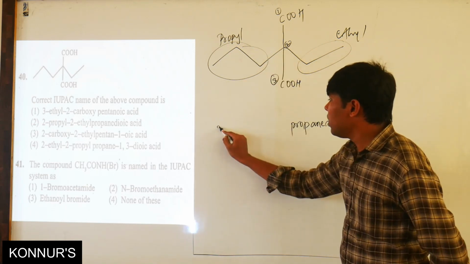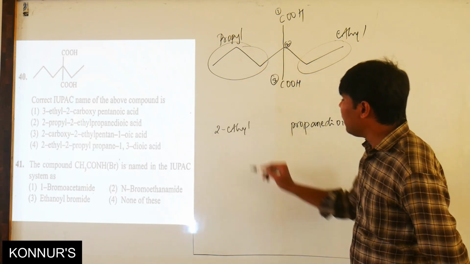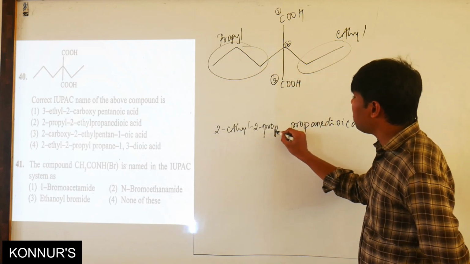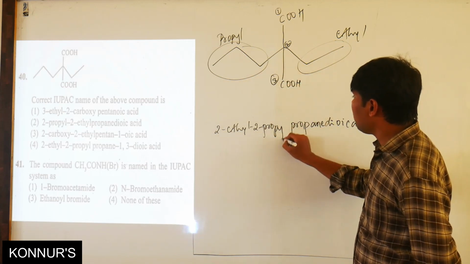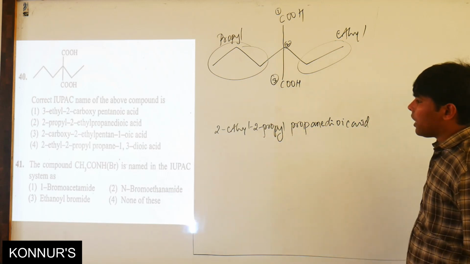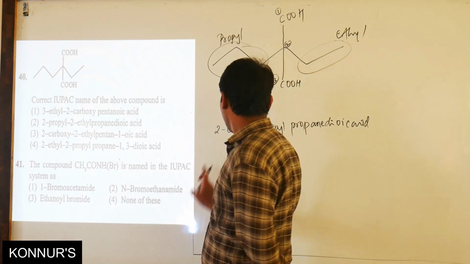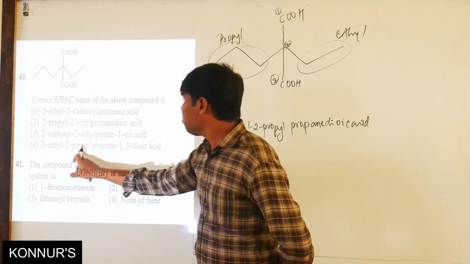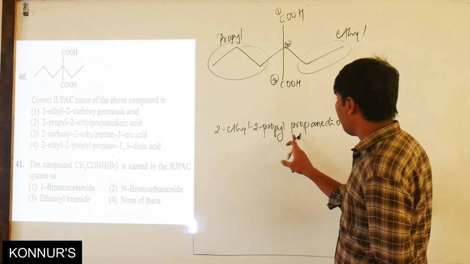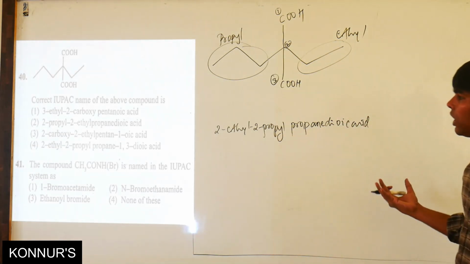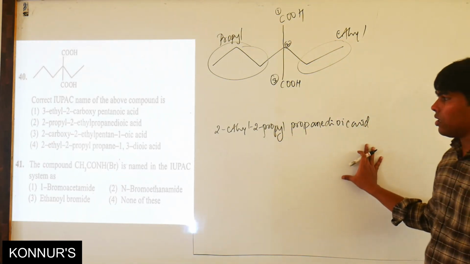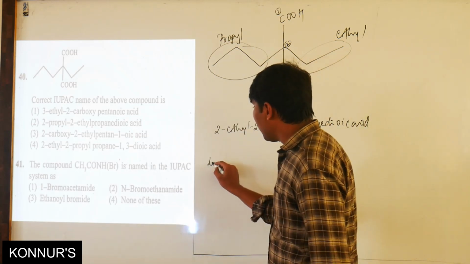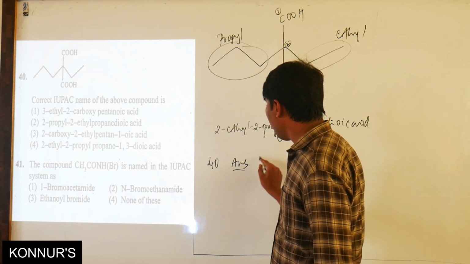So on the second carbon, 2-ethyl and 2-propyl, propane-1,3-dioic acid. So this is the IUPAC name. So for the 40th, the answer will be the 4th one.